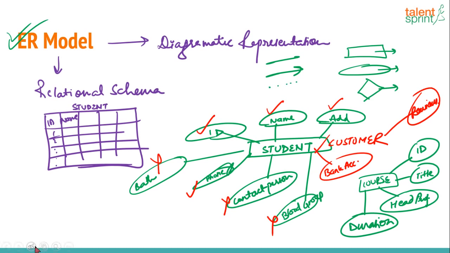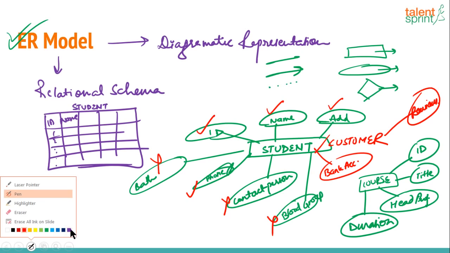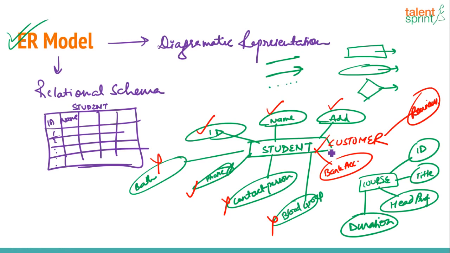So you also specify that each student can have one or more course. So you join the student to this course. Okay, pardon me, I couldn't draw a straight line. So you join student to course, right? Similarly, say address, you don't want it as an attribute, you want it as a separate table altogether.